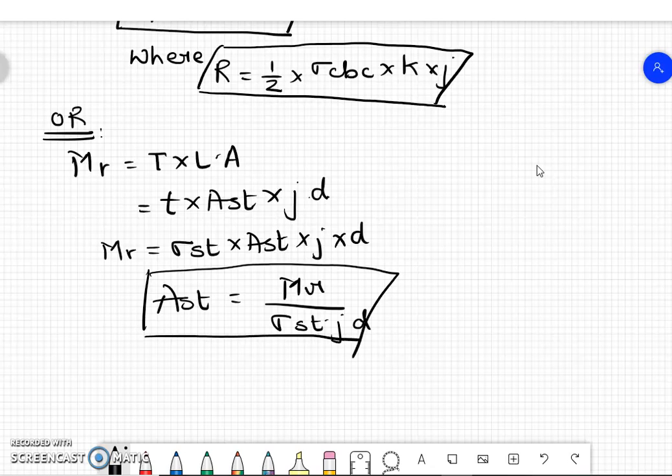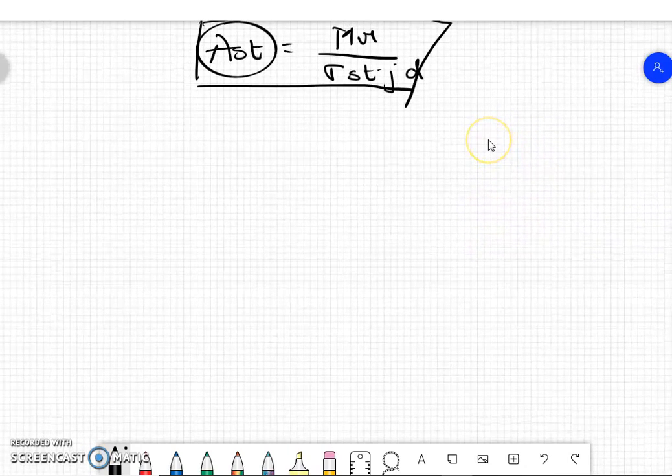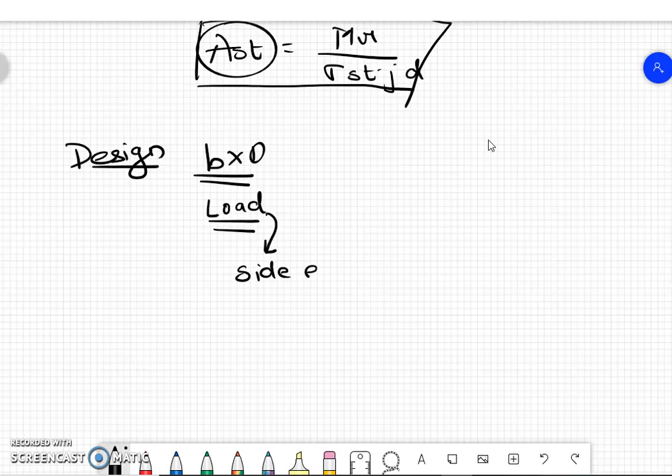So when we say that we need to design a beam, basically we need to provide the amount of steel considering the moment that is acting and the dimension of the beam. When we talk about the design of the beam, what we have to do? The first is we need to fix the dimension of the beam. Once we fix the dimension, we need to see what is the load that is coming onto the beam or onto any section. Now due to this load, there will be side effects.